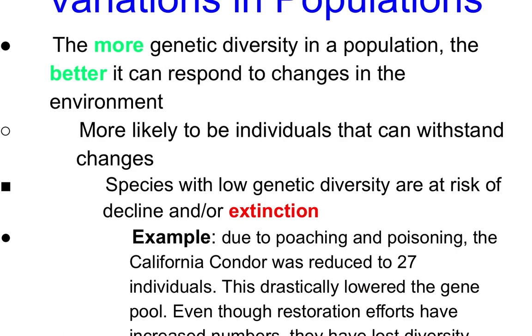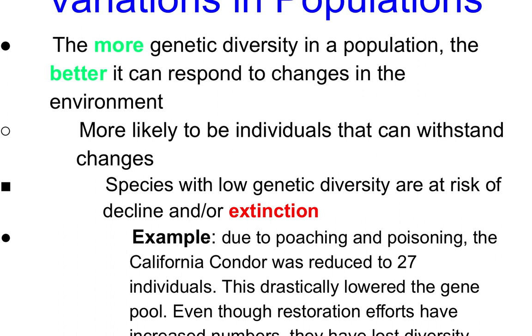More often than not, there's genetic diversity in a population, and the more diversity there is, the better it can respond to the environment. So genetic variation is considered an advantage, making it more likely for individuals to withstand changes. Species with low genetic diversity are at risk for decline or extinction. As an example, due to poaching and poisoning, the California condor was reduced to 27 individuals, and this drastically lowered the gene pool.